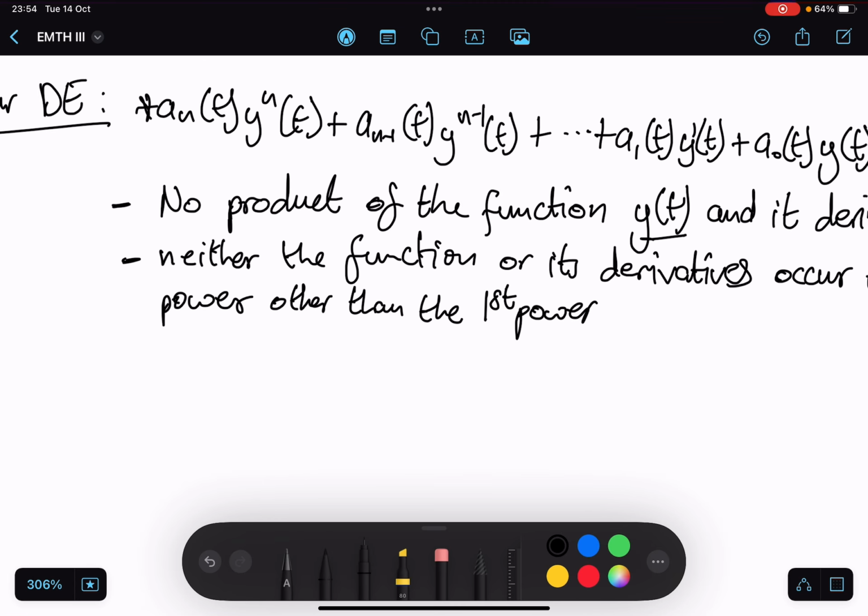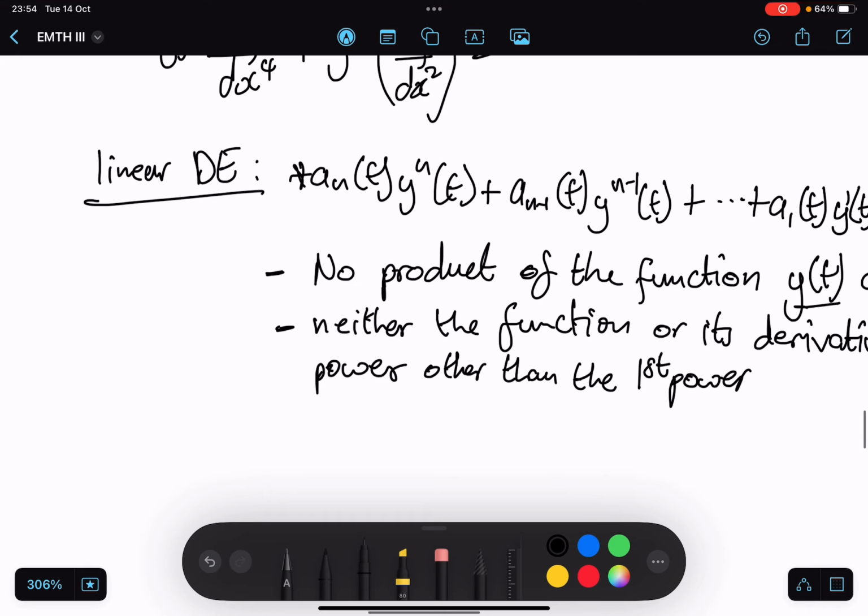So these are the most important things that you have to note about a linear differential equation.